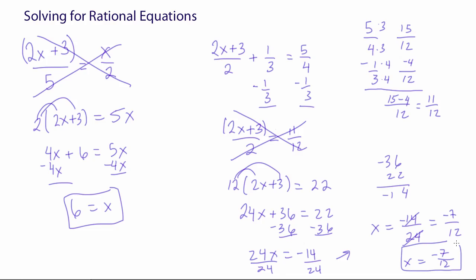And there it is. So it's a lot of busy work. And understanding that you have to combine like terms. Then, usually, you can cross multiply and then you distribute if there's a binomial and then combine more like terms and solve for x.